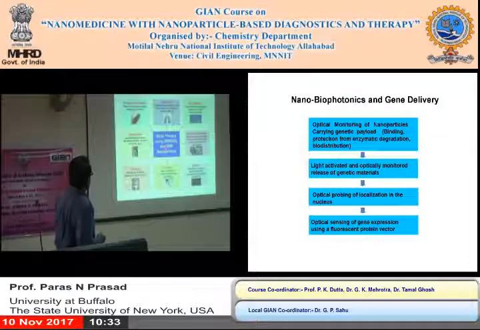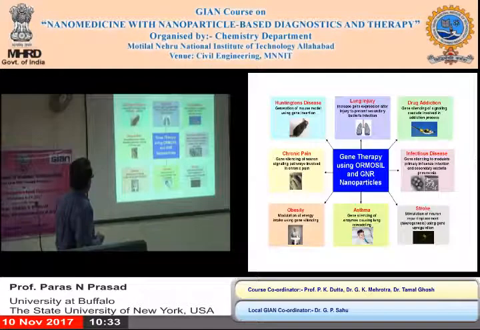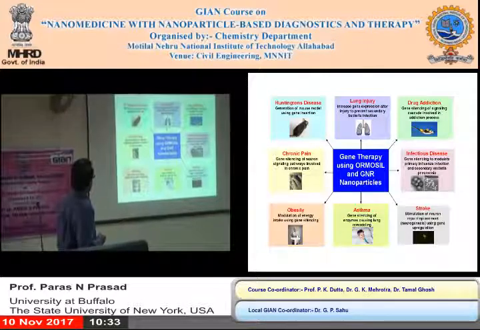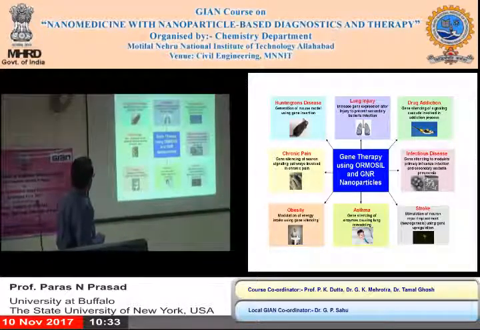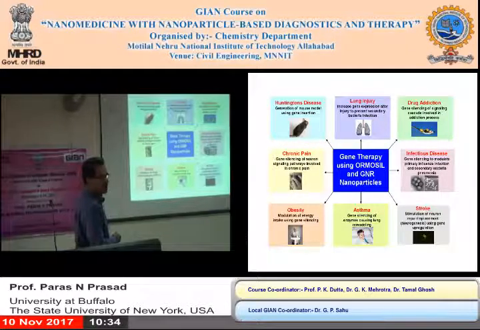And so we are using gene therapy for a number of diseases, starting from Huntington disease, lung injury, chronic pain, obesity, asthma, stroke, infectious diseases, drug addiction. So in this chart you can read where we are adding gene to function and where we are silencing gene for certain diseases.